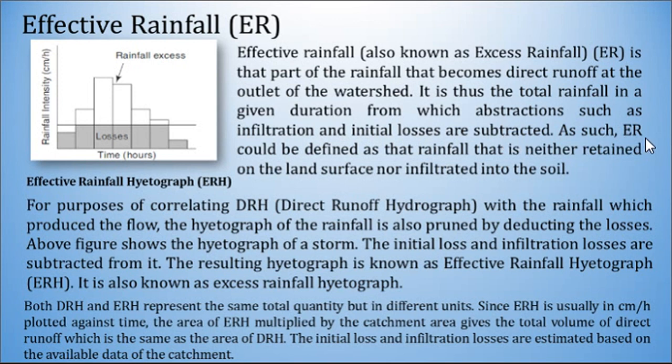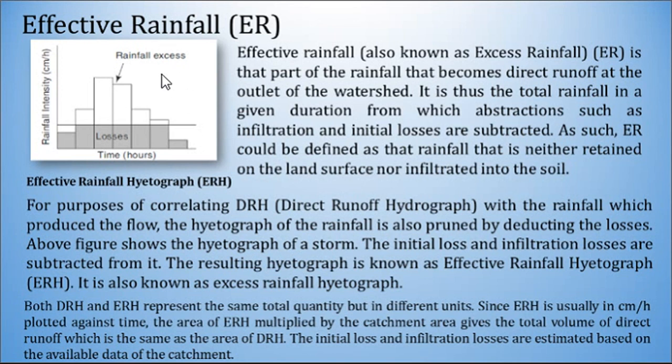As such, excess rainfall could be defined as that rainfall that is neither retained on the land surface nor infiltrated into the soil. For the purpose of correlating the DRH, that is the direct runoff hydrograph, with the rainfall which produced the flow, the hydrograph of the rainfall is also pruned by deducting the losses.